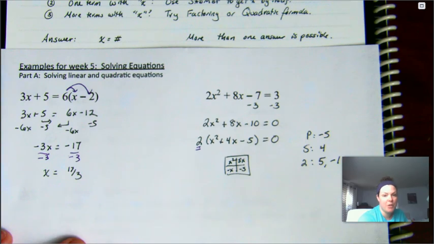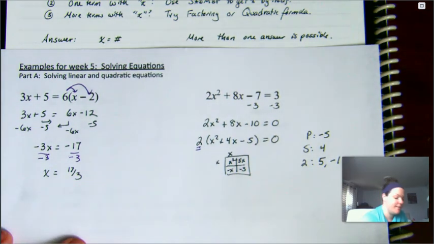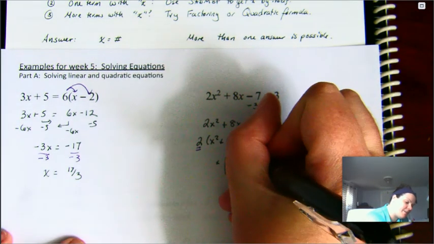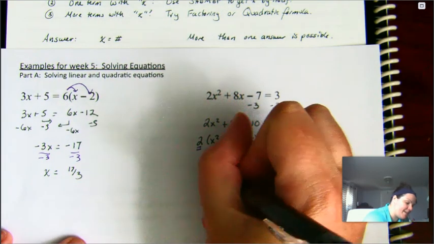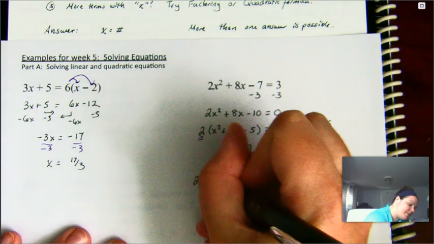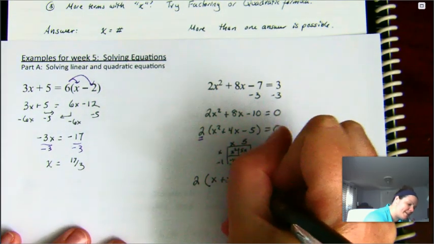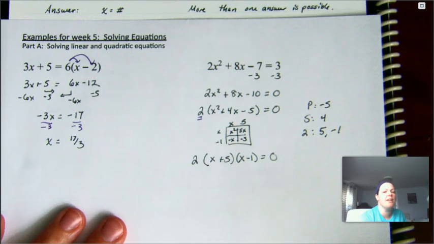And you'd look at each row and each column to figure out what has to be on the outside. X and x has to be outside the first box. At the end of the top row, we have to have a 5. In the bottom row, it looks like we have to have a negative 1. So overall, we have a 2, x plus 5, and x minus 1 for our factoring. And again, you can do that grouping strategy if you prefer that way.